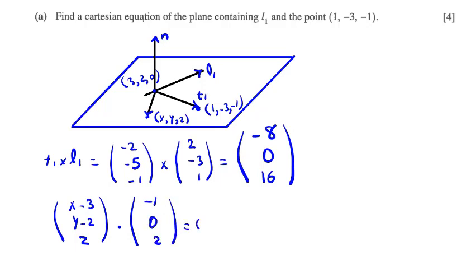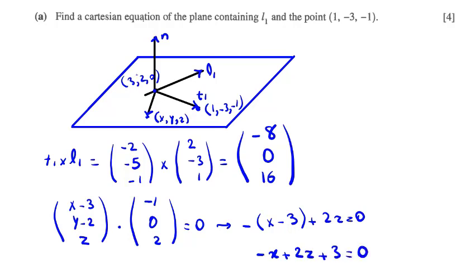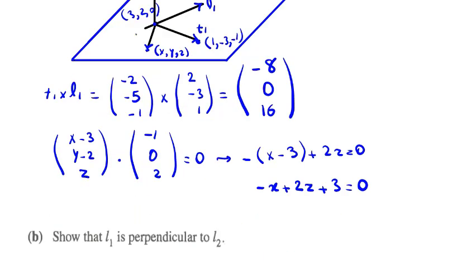It should be 0 because 8 times this should be 0. Now we can conclude negative (x minus 3) plus 2z equals 0. So we can say negative x plus 2z plus 3 equals 0, and it is the Cartesian equation of this plane.